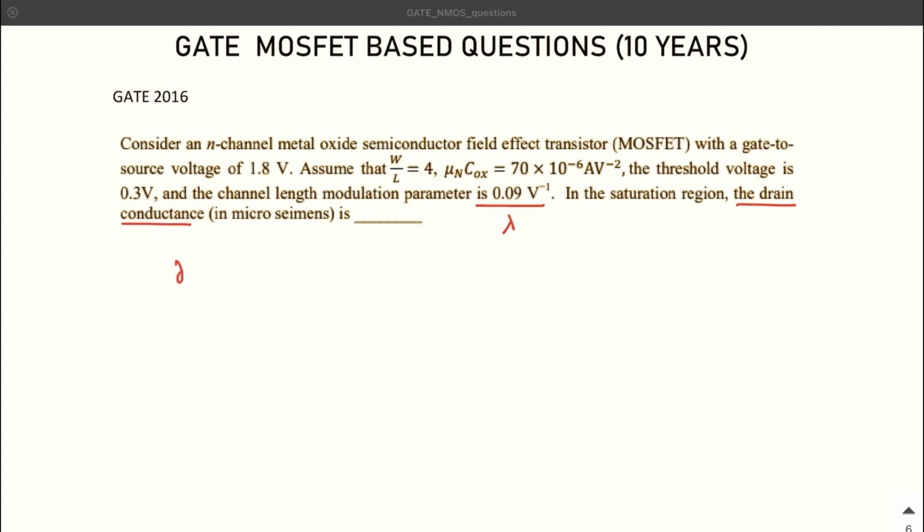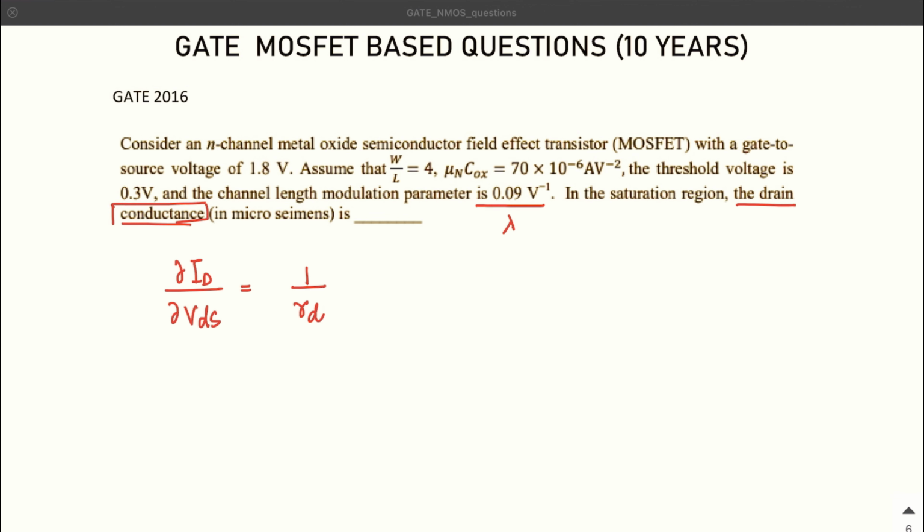Drain conductance would actually mean del ID upon del VDS. So this will be equal to 1 upon the drain resistance RD, because they are asking you the conductance.